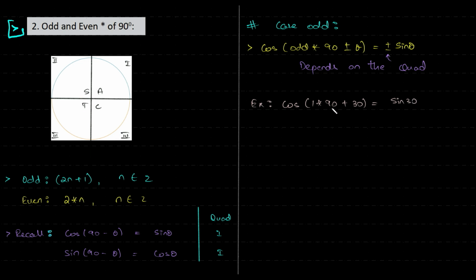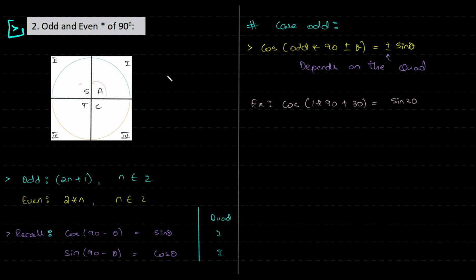Because it's an odd multiple of 90, I have to take the sine value of 30. This derivation we have done. Now, along with this, I need to decide on the positive and negative nature of the value. Since we are talking about the cos function, it will be negative in which quadrant? In the first quadrant. See, 1 into 90 plus theta is in which quadrant? Answer that question first. 1 into 90 is 90, plus theta means it's in the second quadrant.